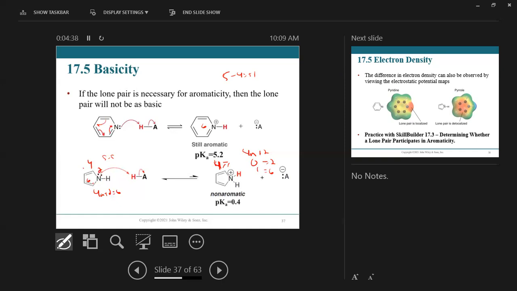But if you add this proton, because these lone pairs of electrons do not participate. So if the lone pair participates, it grabs this proton right here, it's still aromatic because you still have 6 pi electrons. There's 6 pi electrons here. It says if the lone pair is necessary. So here the lone pair is not necessary, is it?